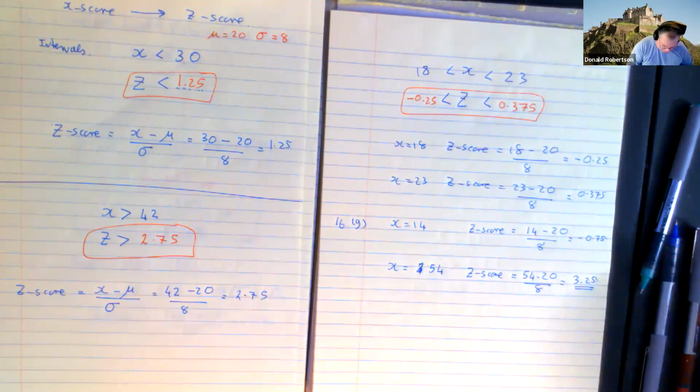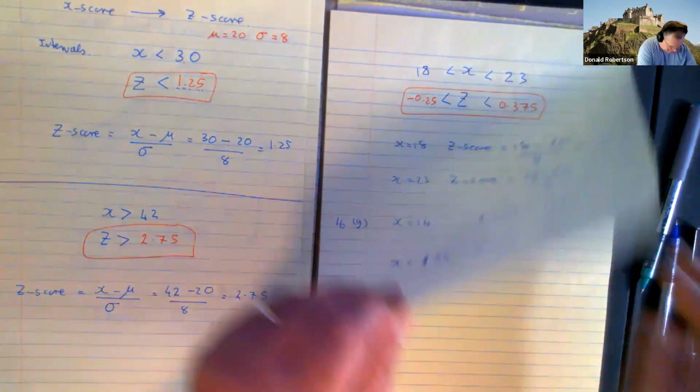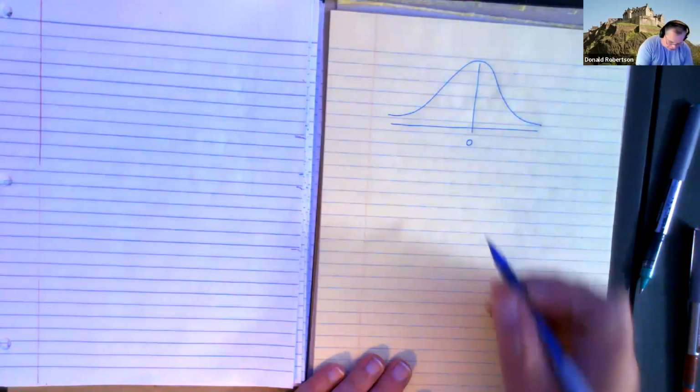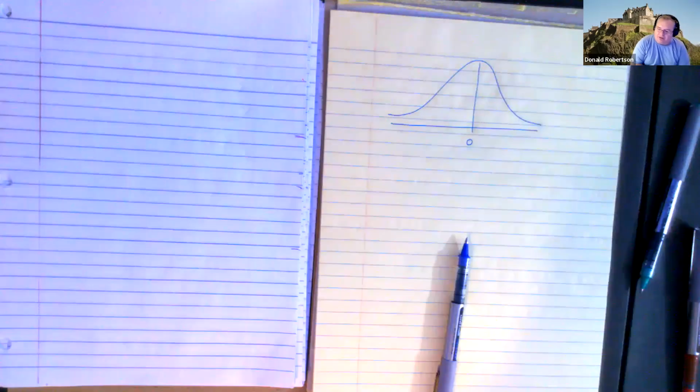Right. And now we're going to do the final part of this section, which is we are going to find areas on a standard normal curve. Now, I could do 1, 2, 3 standard deviations, but we're wanting better than that.